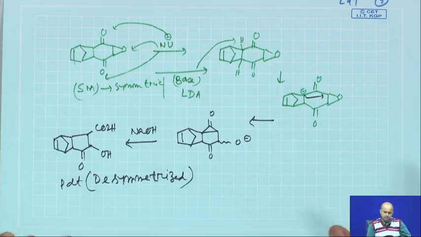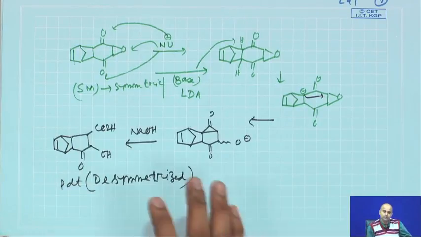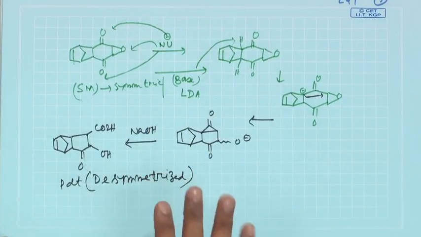Now you may ask, sir, what is the basic thing you are trying to say? I am basically trying to say that this is a very simple transformation. The transformation is a well known transformation. The only thing is this symmetrical starting material is desymmetrized, that is the only thing.